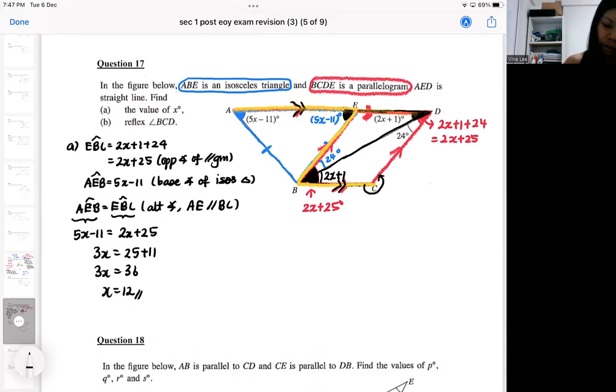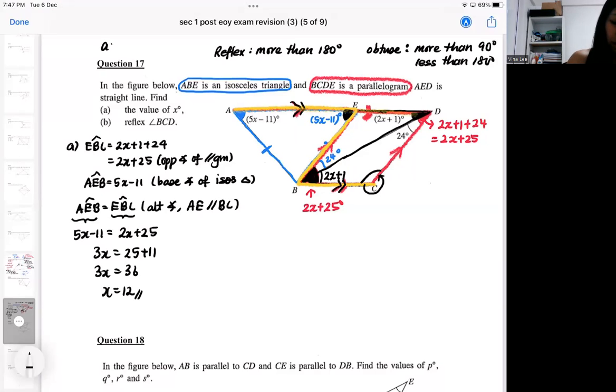Remember what reflex is: when an angle is reflex, it's more than 180 degrees. And this part obviously looks obtuse because it looks more than 90 degrees. Obtuse means more than 90 but less than 180.